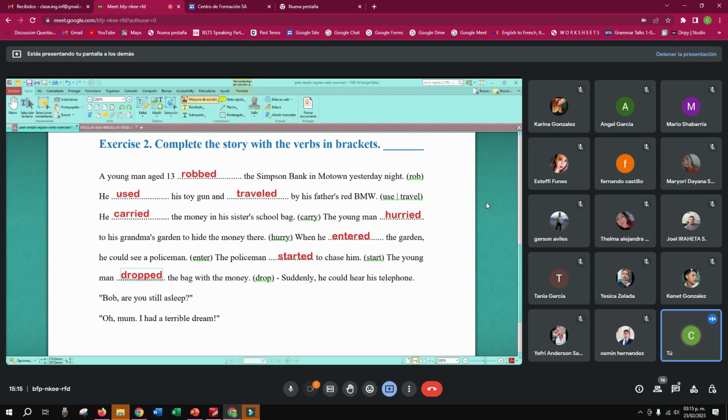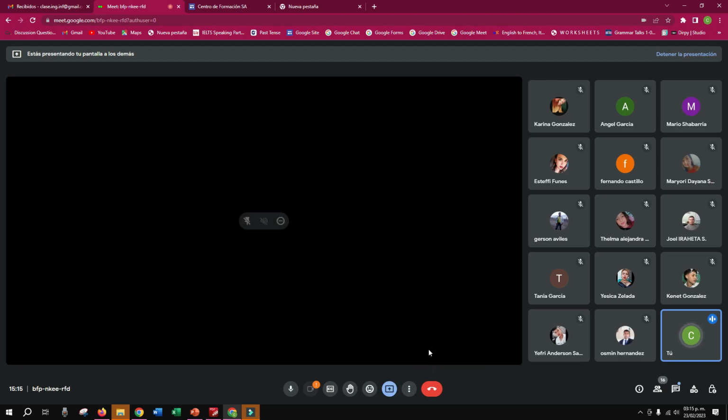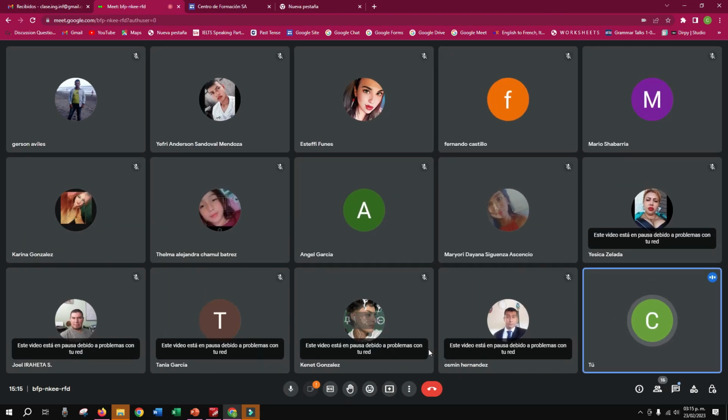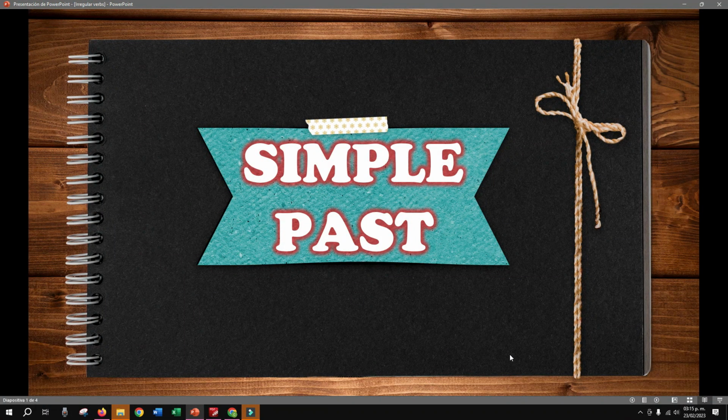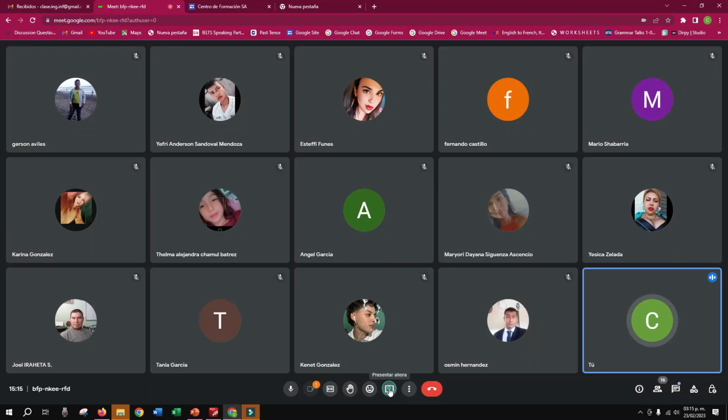Okay, nice, perfect. So now we're going to practice or study the irregular ones. If you remember, we have regular verbs and irregular verbs when we use the simple past. So today we're going to study also the irregular verbs.